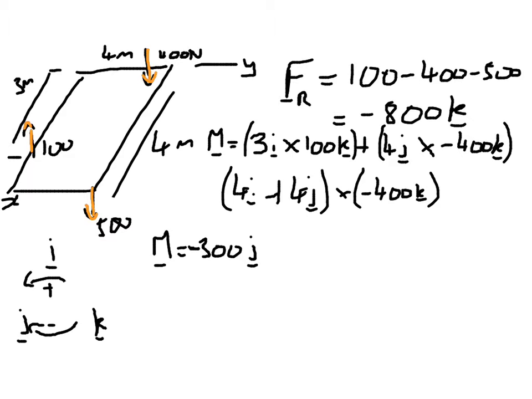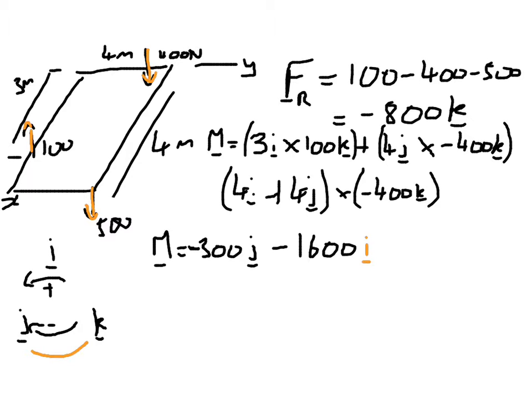Second part of the sum, we've got 4j crossed with minus 400k. So 4 times minus 400 is minus 1600. And j crossed with a k, we've gone in the positive direction, so there's no change of sign, and it will come out at an i.